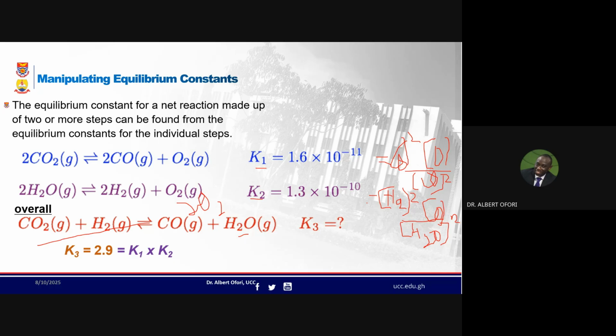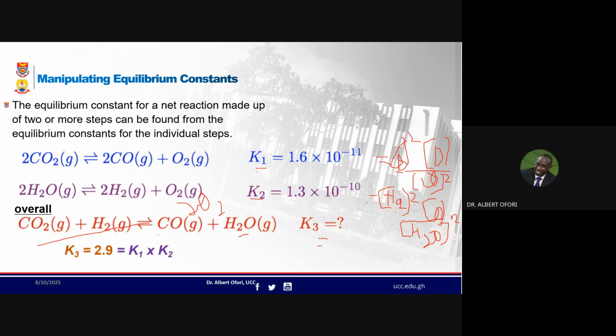So when we reduce it, the K factor will change. And when I add this equation to this equation, of course some will cross out.